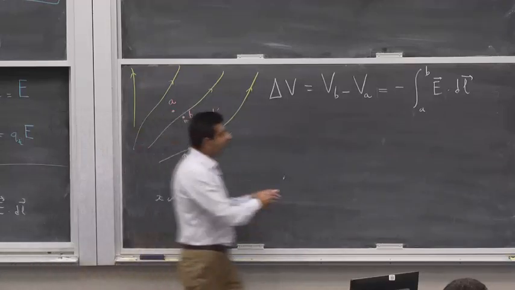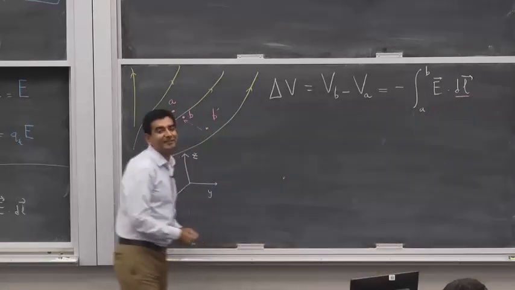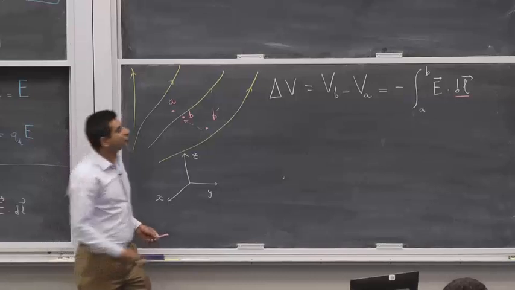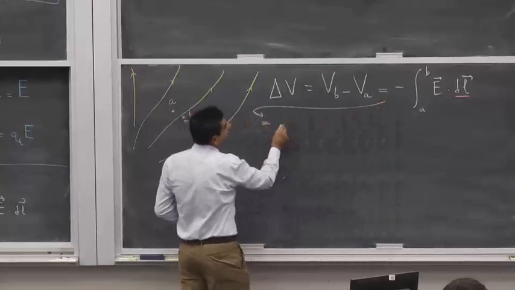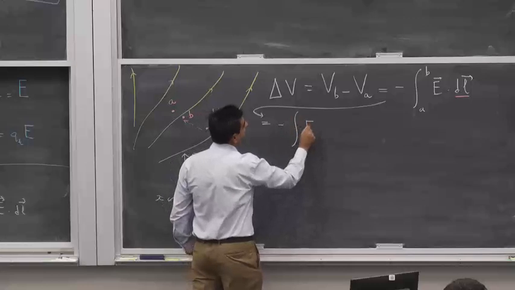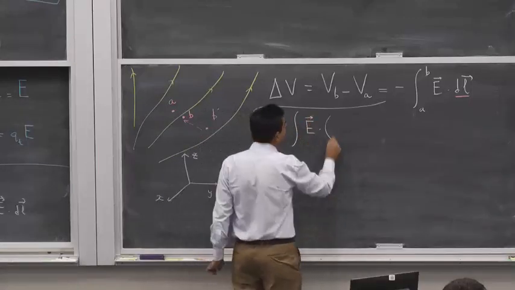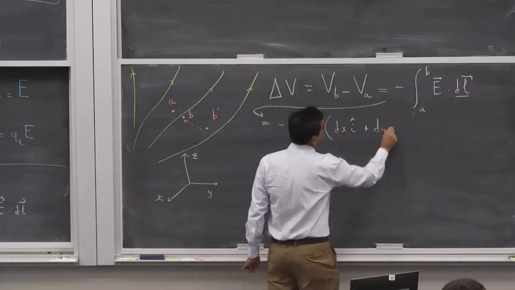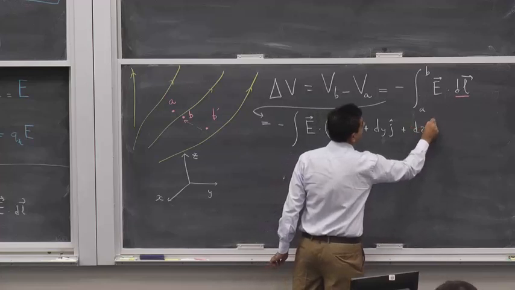So this vector here, dl, will really have components along x, y and z. So if I look at the electric potential difference between B and A, I can write minus E dotted with, now dl I can write as dx i plus dy j plus dz k.